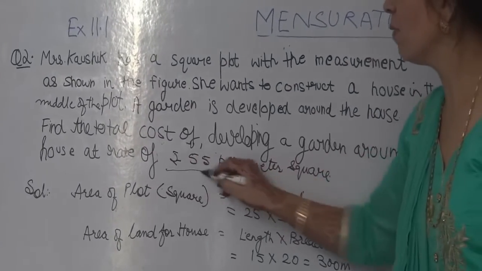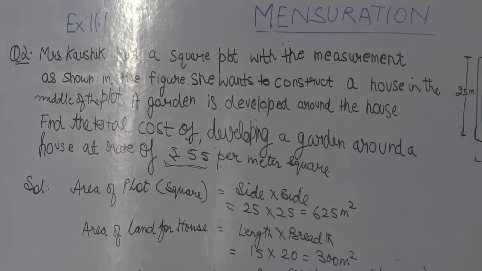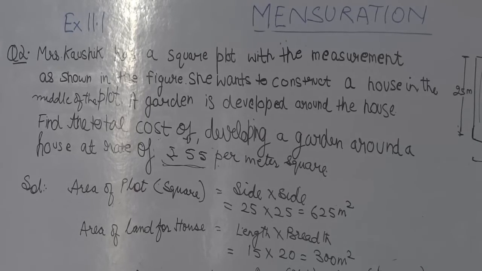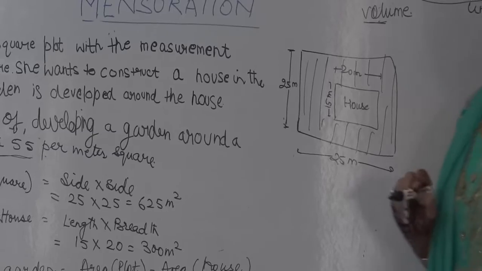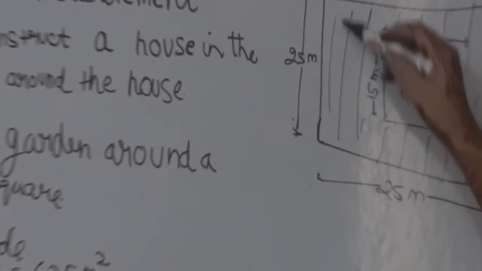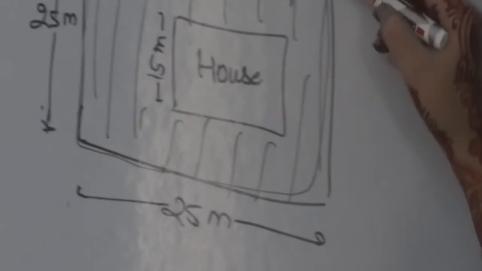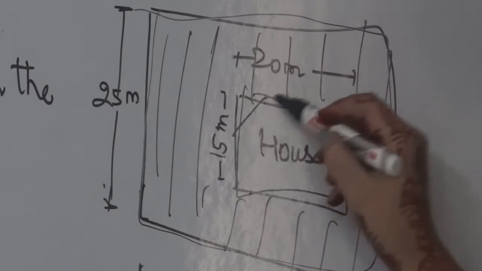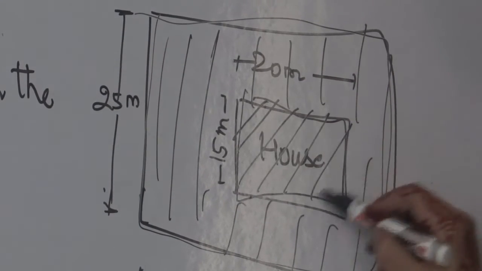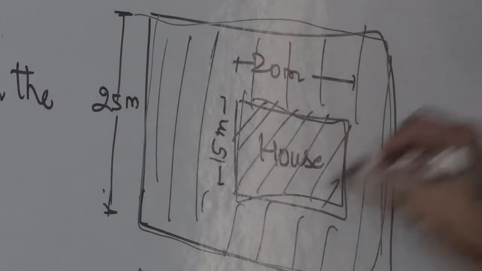So we will be dealing with the money later. First we need to know how much part of the land is to be used for developing a garden. Observe the figure. This is the total land. Out of this land, this part of house has to be removed. So remaining part becomes the garden.